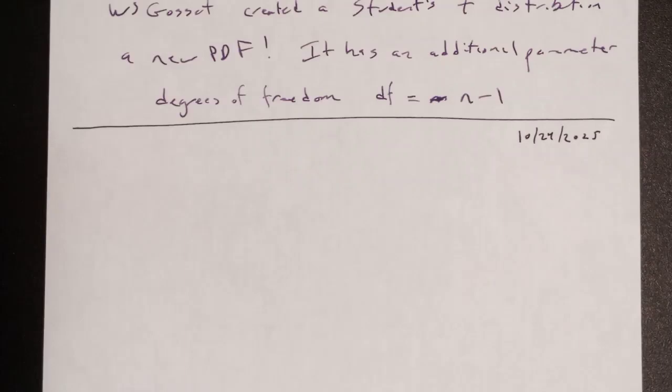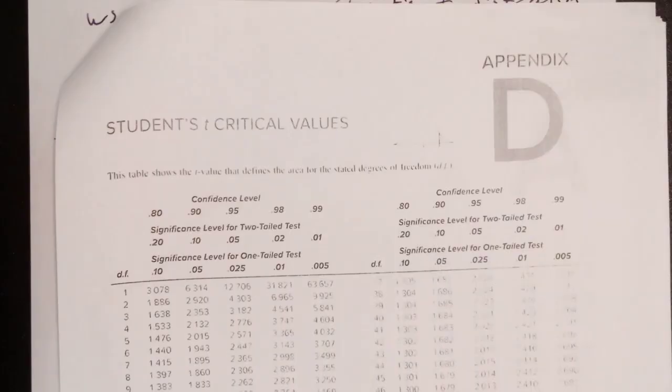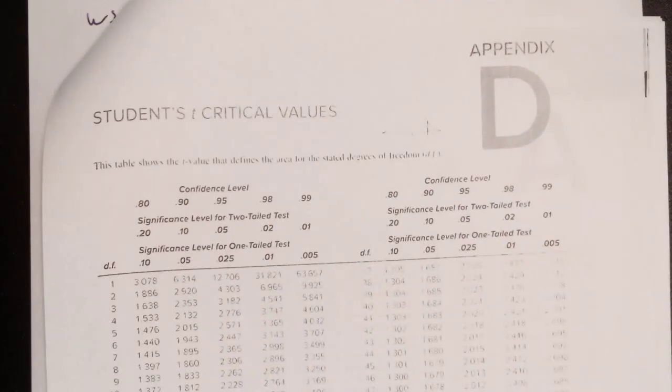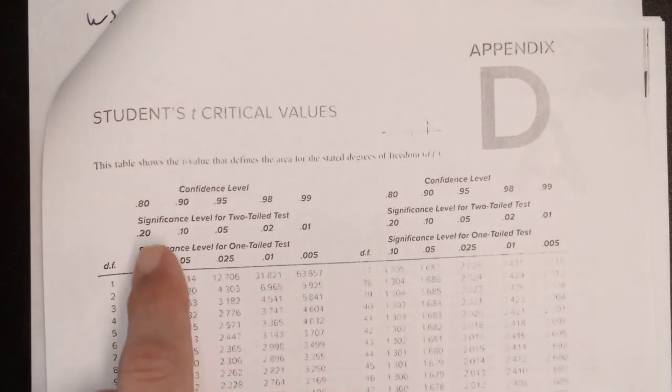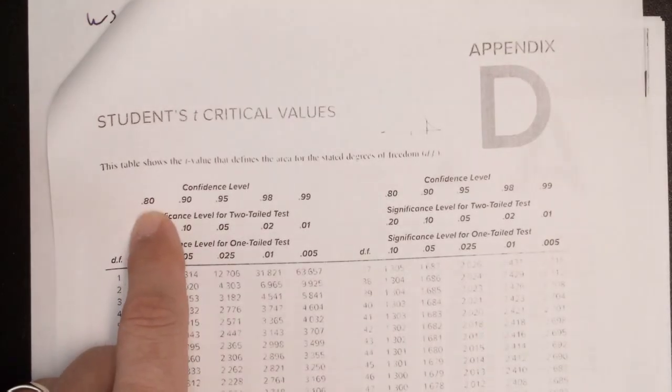But notice in our table itself, up here at the top, it says confidence level. And then the next row says for two tail. The one under that says for one tail. If I'm dealing with an 80% confidence interval, well, then 20 should be on the outside, right?